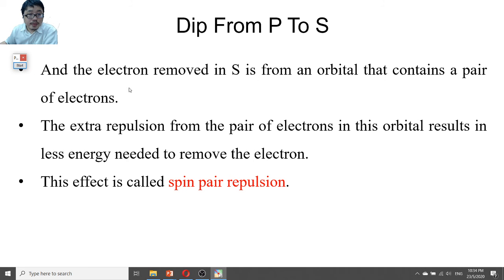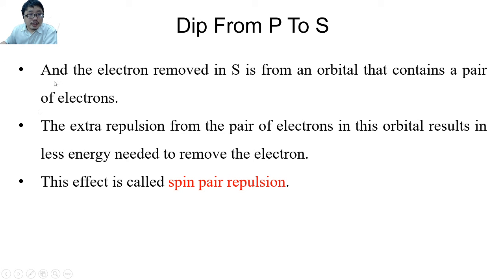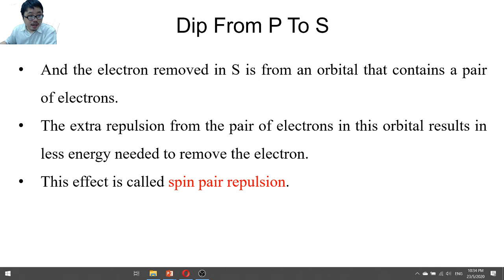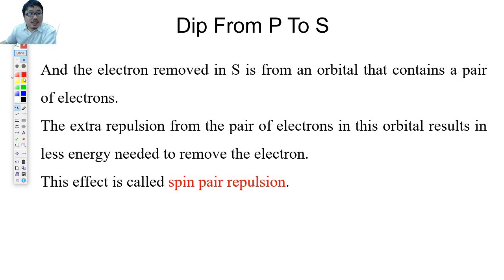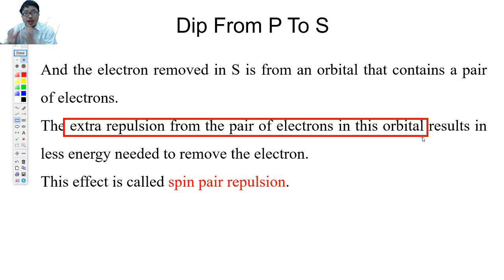Because of that, the extra repulsion from the paired electrons in sulfur results in less energy needed to remove the electron.